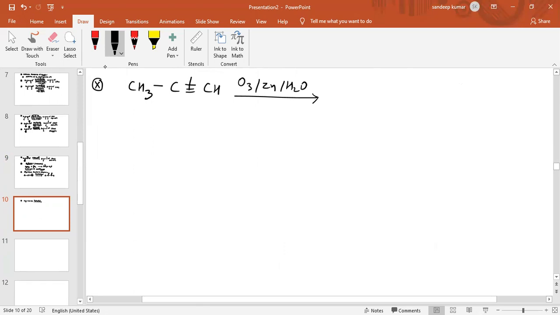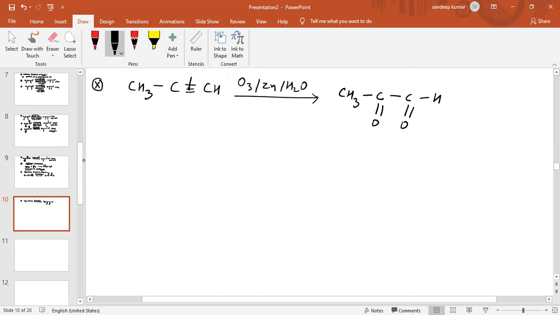Two pi bonds will break. When two pi bonds break, it will be CH3 C double bond O, and there is a single bond. Now this carbon also contains a double bond, so this is also C double bond O, and there is hydrogen attached on this carbon atom. So this is the product obtained. This is basically the ozonolysis for alkynes.